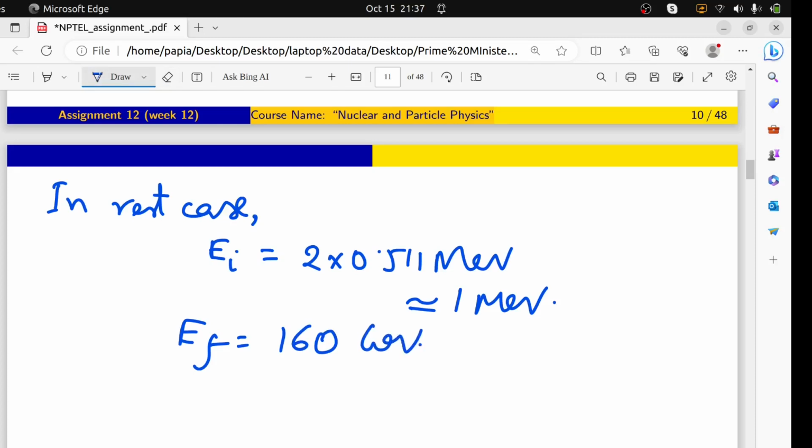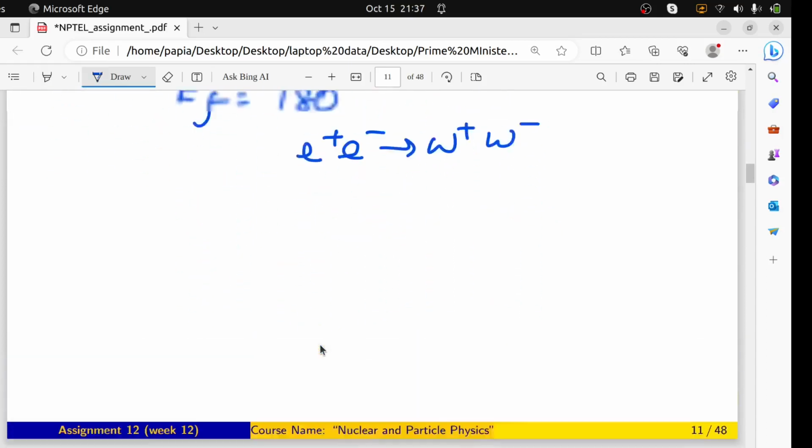You can see that there is too much difference between the initial and final energy, right? So in the rest case, the reaction will never be possible. That means e+ e- going to W+ W- will never be possible if it is in the rest case. So this is the condition for the rest case.